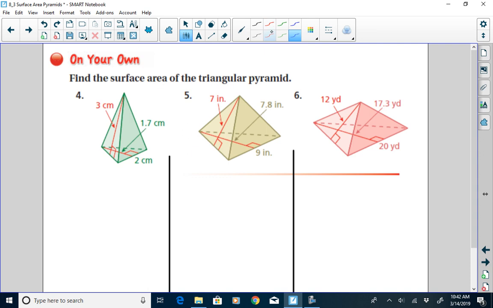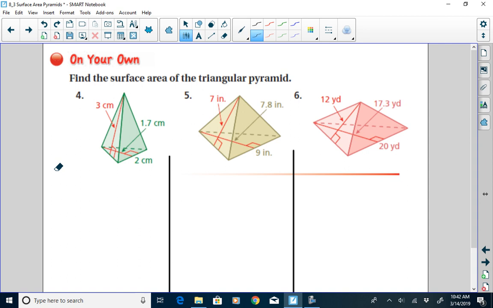All right, and let's see what that's going to look like with our calculations here. First we find the area of the triangular base, and it looks like the triangle is an equilateral triangle, so all of these sides are 2. Then we have the height of the triangular base, and the height of the triangular face.